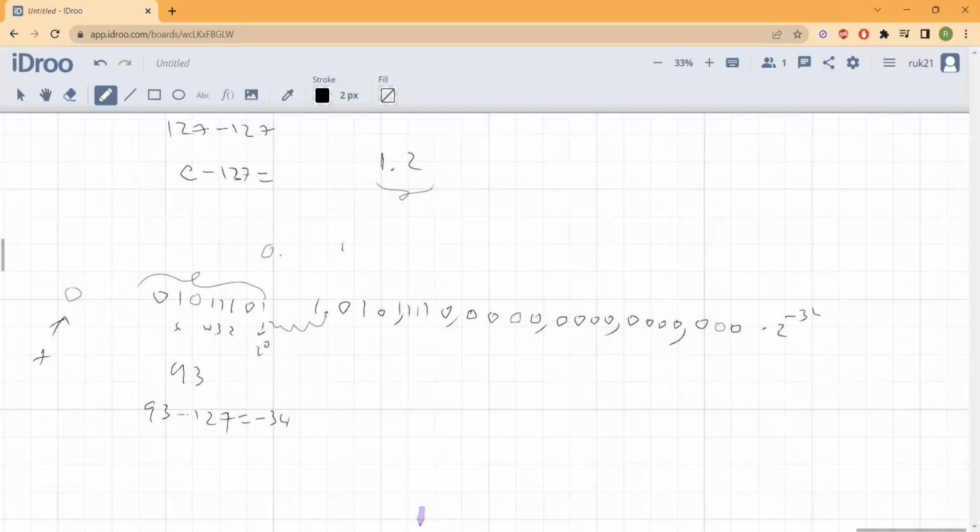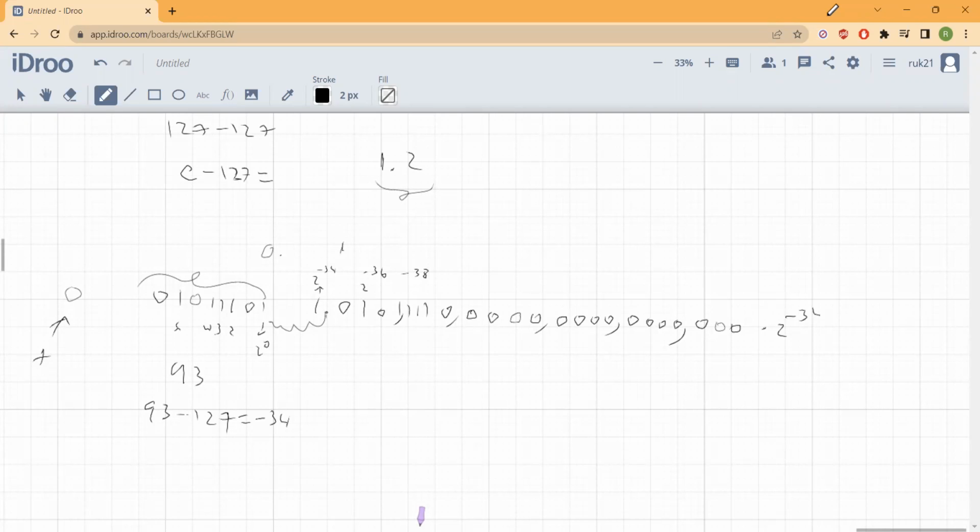So then this is going to be 2 to the power of negative 34, then 2 to the power of negative 36, then 38, 39, 40, 41.